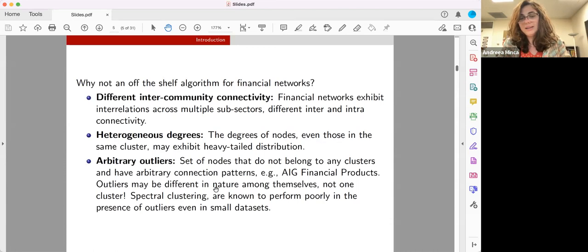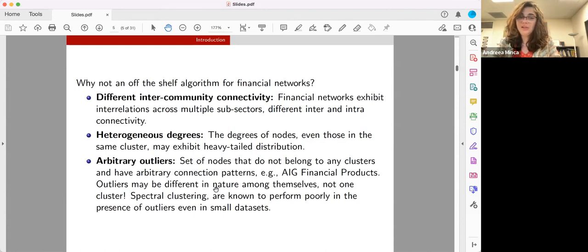If you want an example, thinking about financial networks of banks or investment banks, you could think about a node like AIG Financial Products as an outlier, because many of their derivatives portfolios were in essence like those of investment banks, but AIG Financial Products was of course not an investment bank, it was part of a large insurer. So they tend to behave like one of the cluster nodes, but not in all respects. And moreover, they can be different in nature among themselves. As I said, you can't think about them as one cluster.